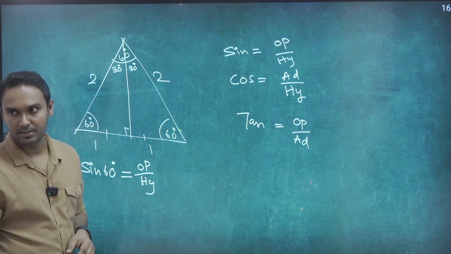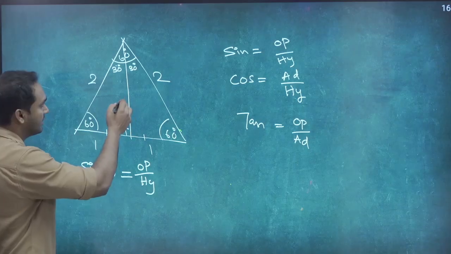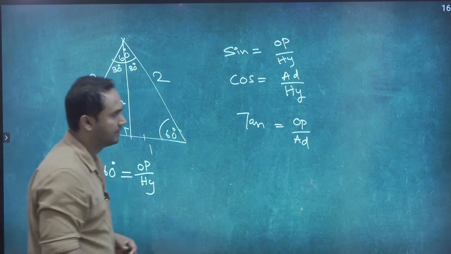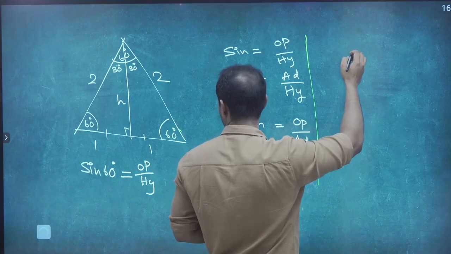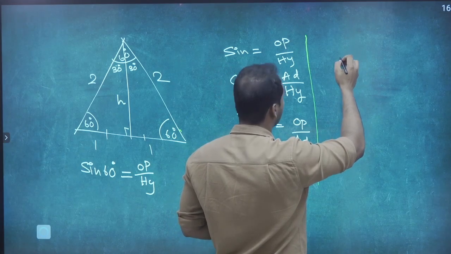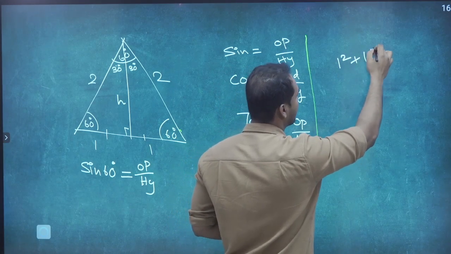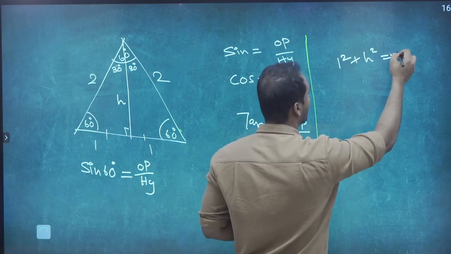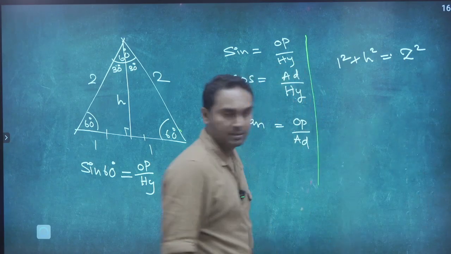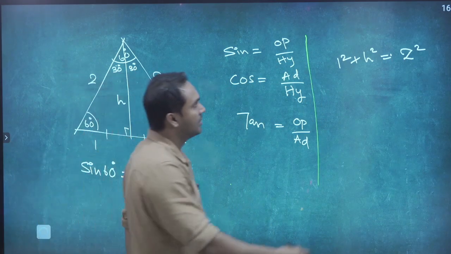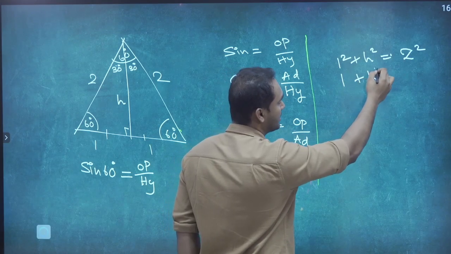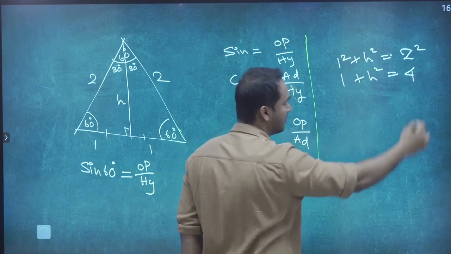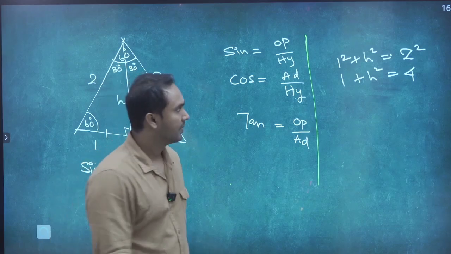How are you going to find it? You use Pythagoras. So I'm going to take this as h. So tell me the Pythagoras there: 1 squared plus h squared equals 2 squared. So 1 squared is 1, plus h squared equals 4.